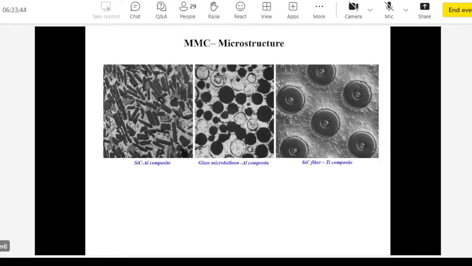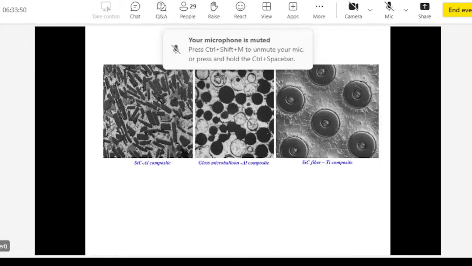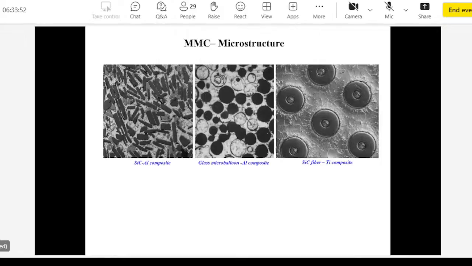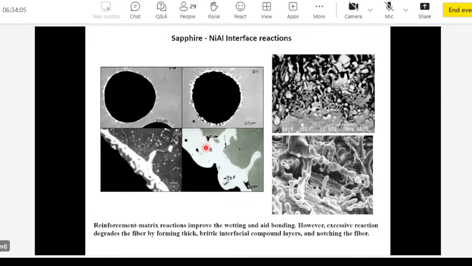This is again the same thing shown here. In powder metallurgy composite, the reaction layer is thinner, and in cast composite, the reaction layer is thicker. You may also have some shrinkage cracks in the composite. At very high magnification, you can actually see what is happening at the interface. We will not get into the chemistry details here, but one main point here is the surface of the fiber.